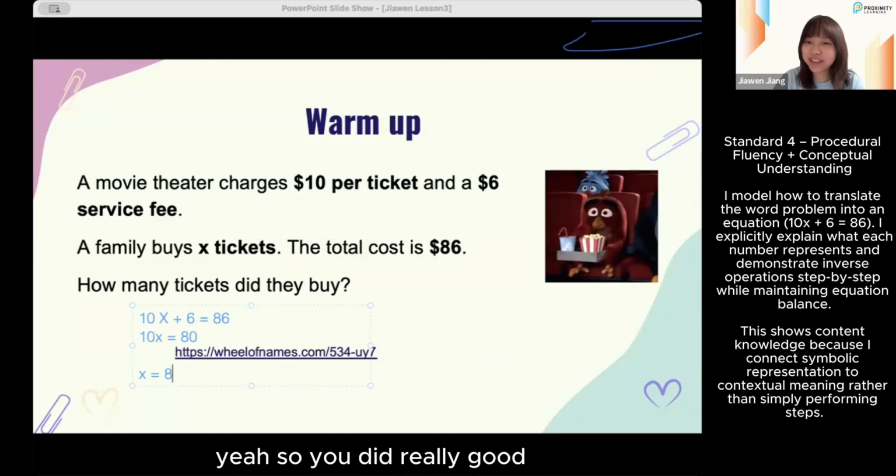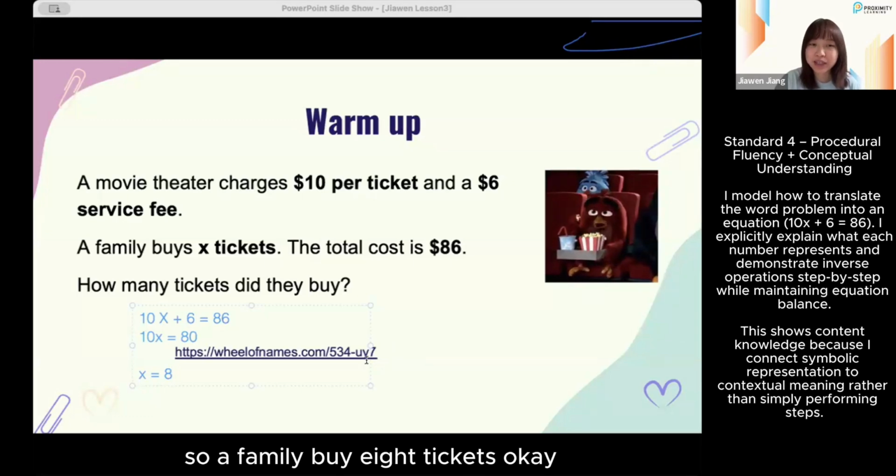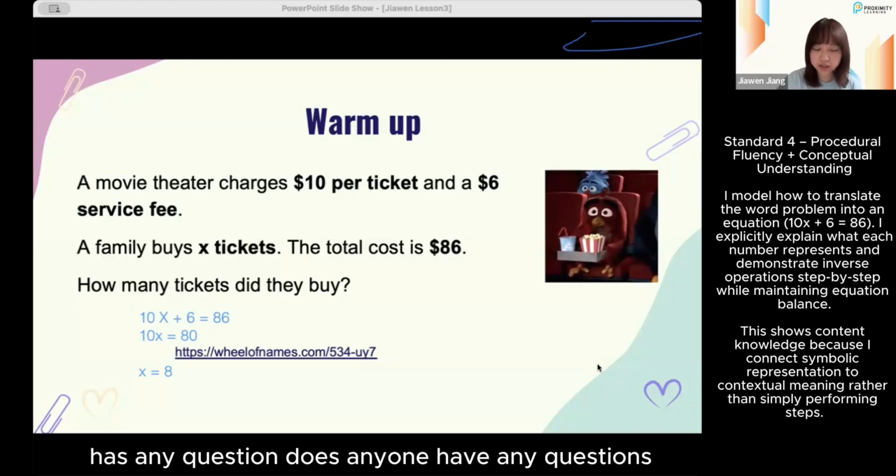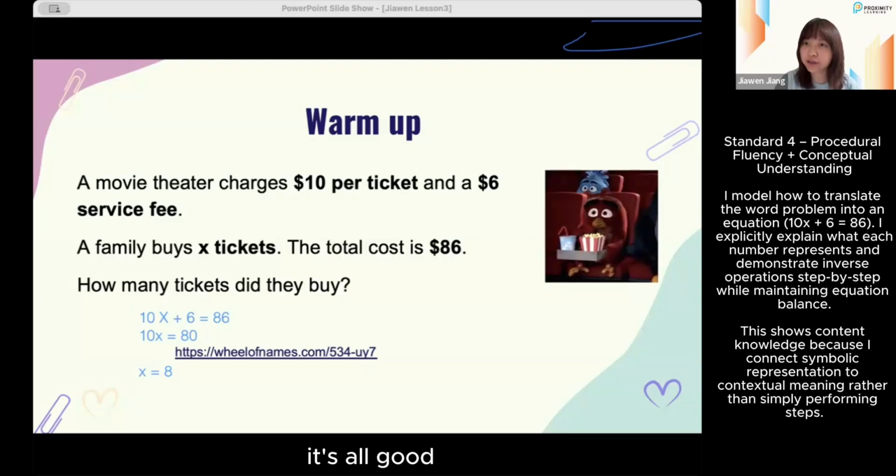Yeah, so you did really good, Yemi. So a family buys 8 tickets. Does anyone have any questions? It's all good? Okay, good job. Let's move on to the next one.